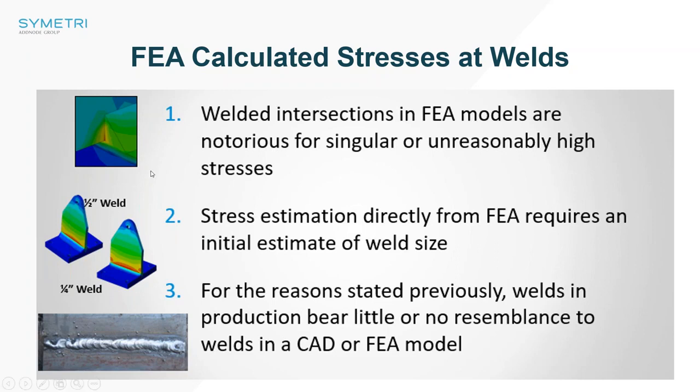An example, if you can see me on the first example, and even before we do any FEA, we have to estimate the size of a weld. So we can't allow the software to determine whether the weld is going to be big enough, we need to come out with some sort of weld size originally before we actually do any FEA. And based on my previous slides, can we actually really model a weld?